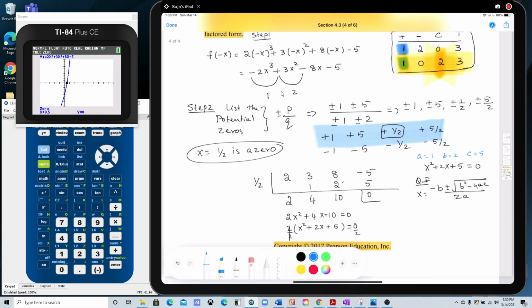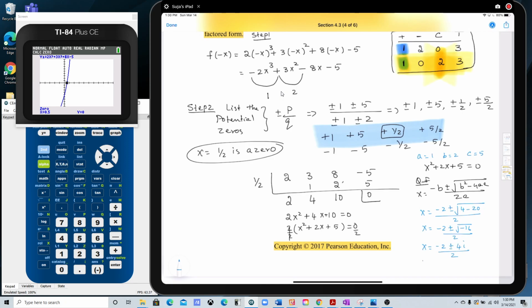So if I plug it back in here, I'll have x equals negative 2 plus or minus the square root of 4 minus 4 times 5, which is 20, over 2. So x equals negative 2 plus or minus the square root of negative 16 over 2. x is equal to negative 2 plus or minus 4i over 2. Simplified, that gives me x equals negative 1 plus or minus 2i.